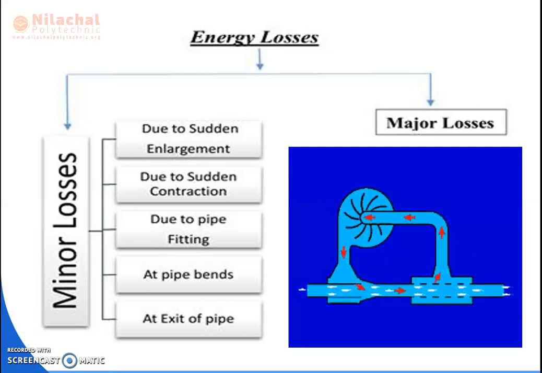During the flow of liquid, the major loss is due to friction. How does the frictional force arise? The internal surface of the pipe is in sliding contact with the external surface of the liquid.